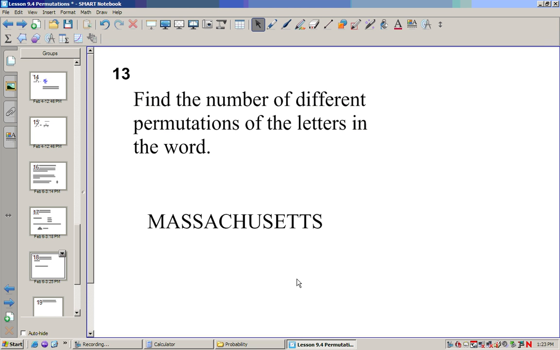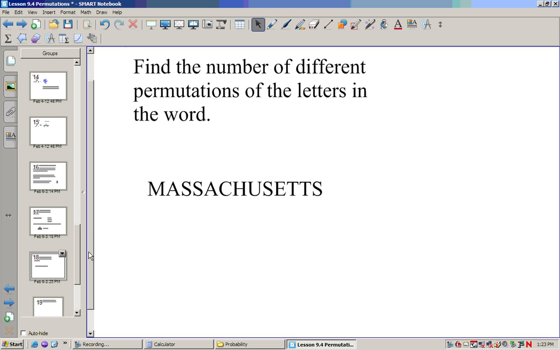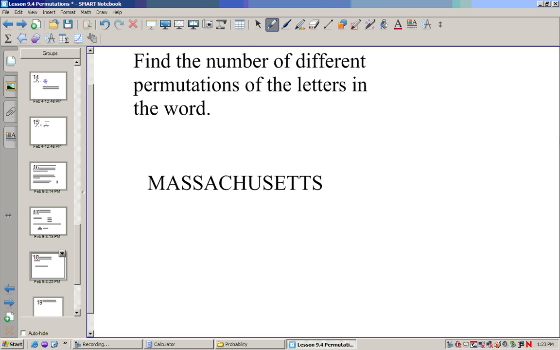So try this one, Massachusetts. Take a second, pause the video, and see how many permutations you can get out of the letters of Massachusetts. Now I get 13 factorial to be the numerator. Now I want to divide by how many m's. There's only one m. Looks like there are 2 a's.